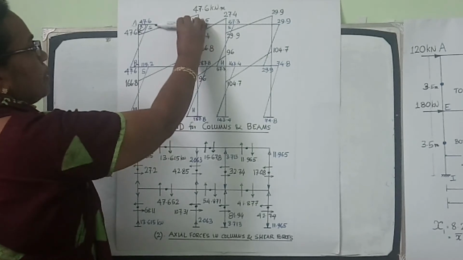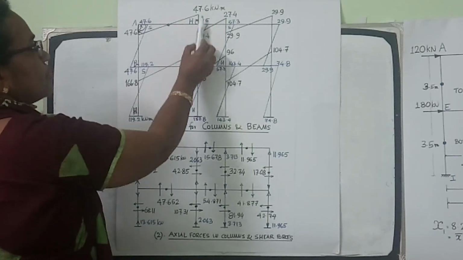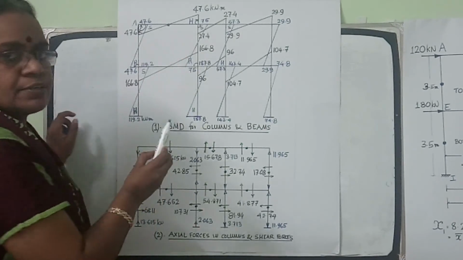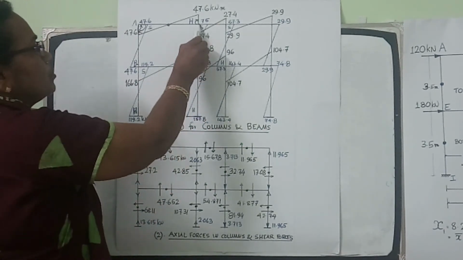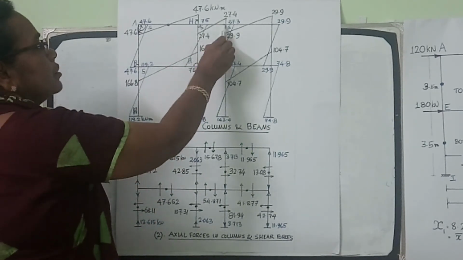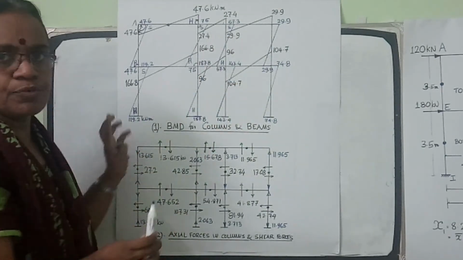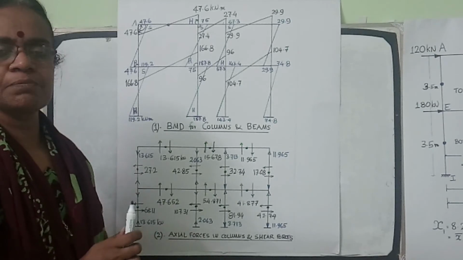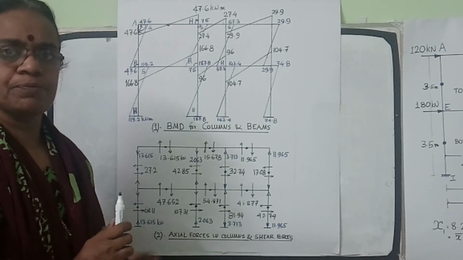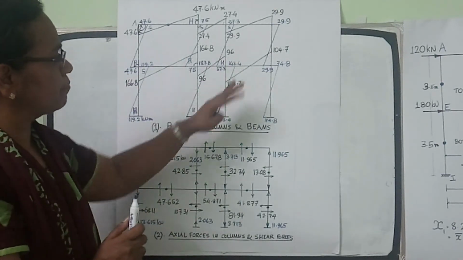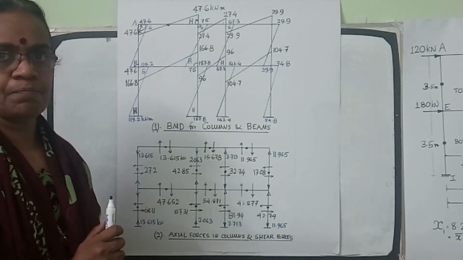So from B to A, place the pen like this and rotate clockwise, 47.6 up, connect them. So that's zero moment at the center. Similarly for the next beam, 27.4 clockwise, 27.4 clockwise, connect it. Similarly for all the beams, so we get the bending moment diagram for columns and beams. If you want, we can draw it separately in two figures. This is the combined figure in one diagram.